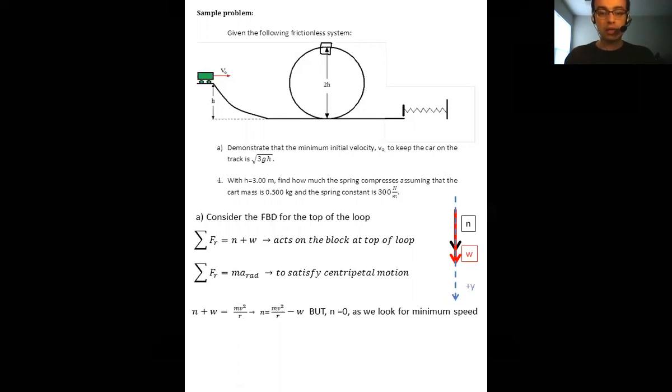So N plus W equals mv squared over r, so N is equal to mv squared over r minus W. However, in this case, N is equal to 0. The normal force is equal to 0.